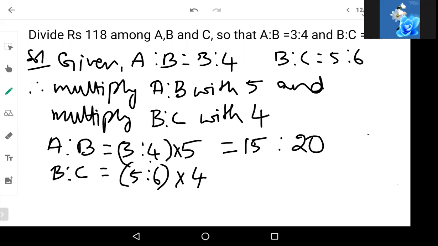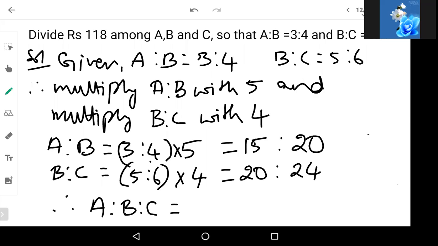So 4 5s are 20 is to 6 4s are 24. So therefore, our continuous ratio A is to B is to C is equal to, if you see, B is 20. So 15 is to 20 is to 24 is our continuous ratio.